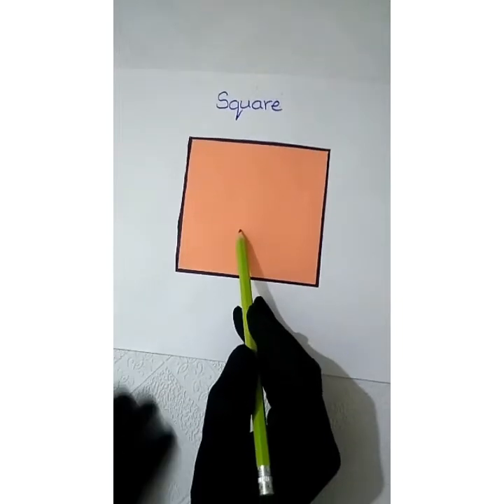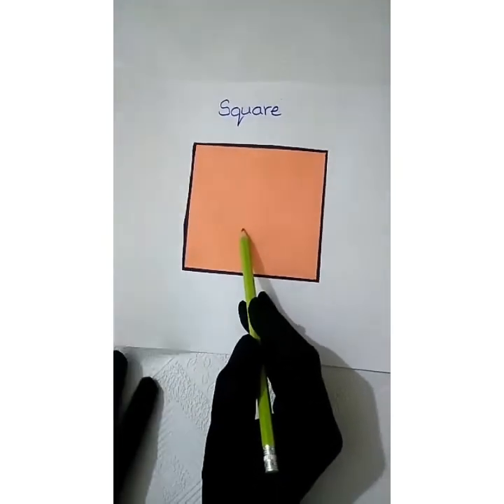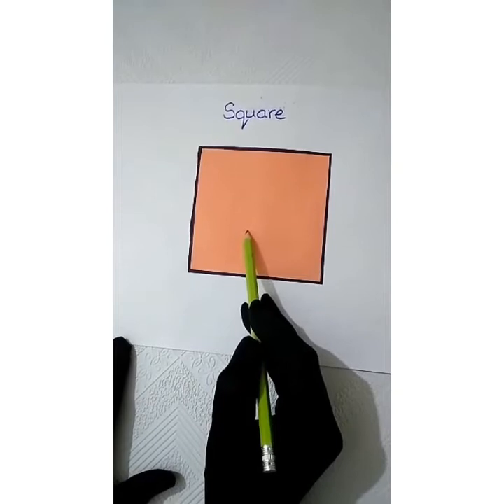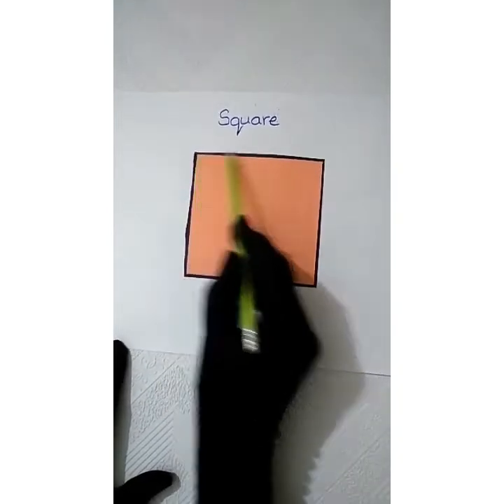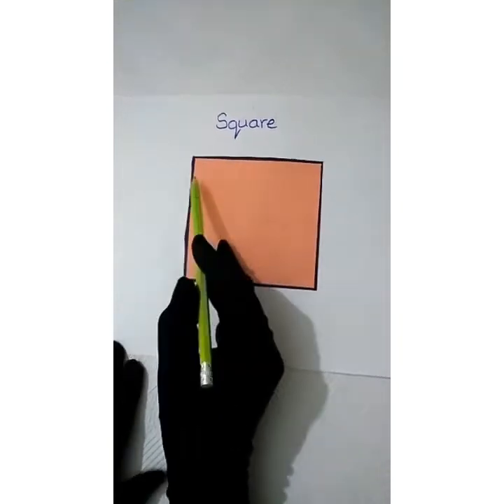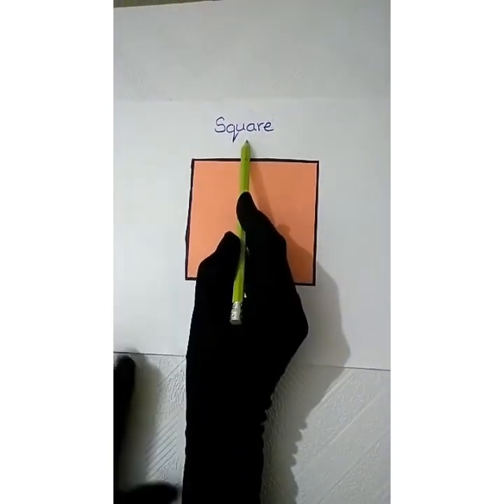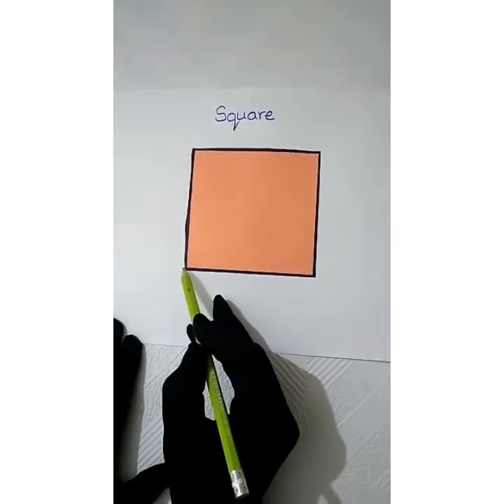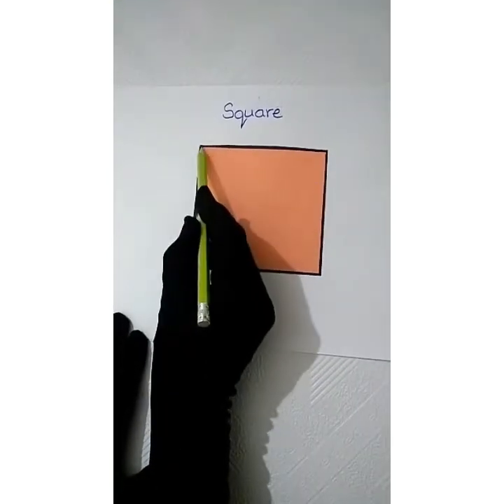This shape here is made up of four equal straight lines. It is a square. It has four corners.